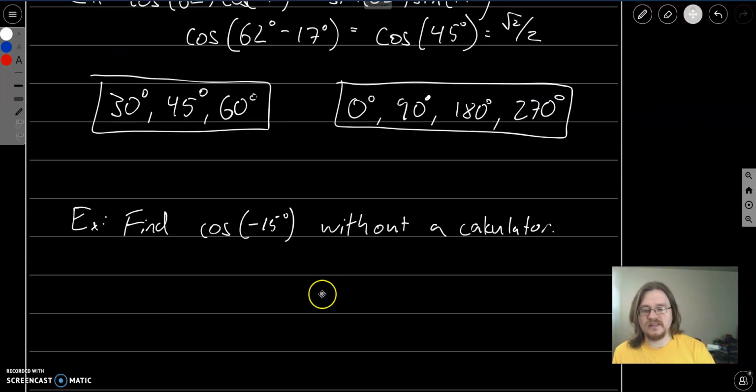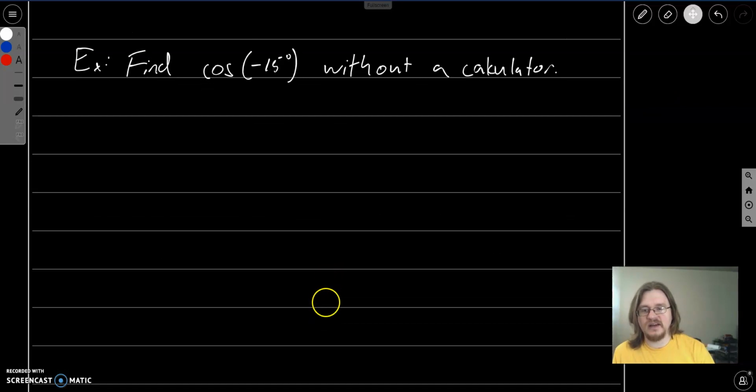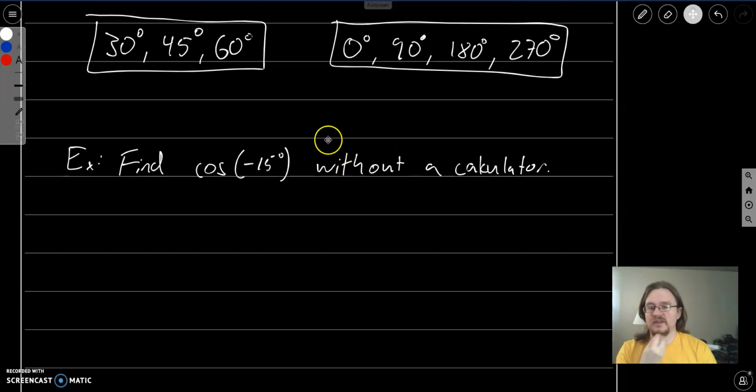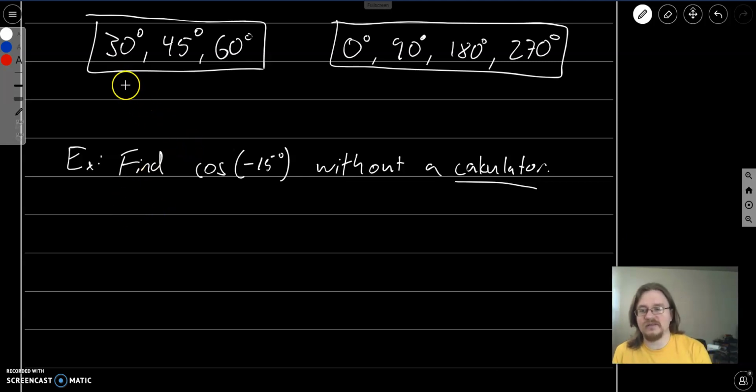So let's do an example of something like that, and let's find the cosine of a negative 15 degree angle without a calculator. And there's a couple of different ways to do this, but what I'm going to do is notice that they're asking us to do this without a calculator. So we had better use angles that we can actually know how to take sines and cosines of.